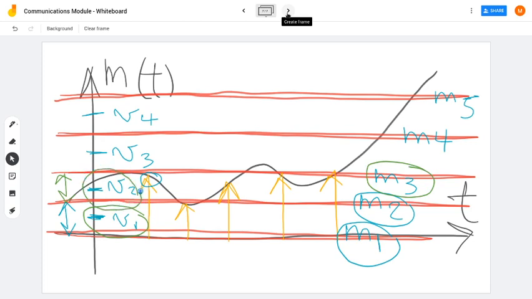This way, the amplitude of the message will not be allowed to take any value. It will only take discrete values, V1, V2, V1 here, V2 and V3 and V4 and so on. And these discrete values are the values which are going to be transmitted.